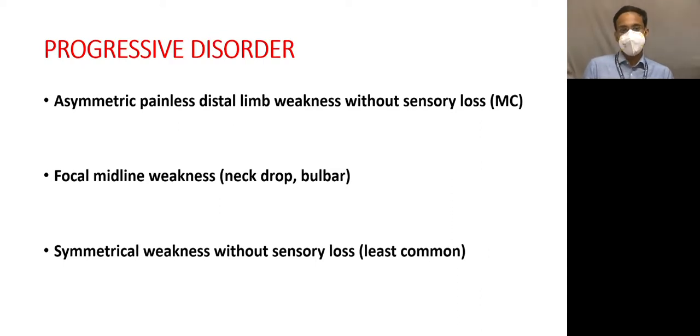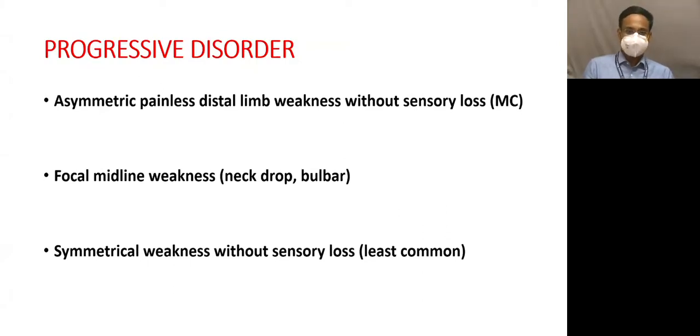The limb weakness could be in the hand or in the leg, and it is generally asymmetric, distal, and painless. These are important points which I'd like to highlight. And historically also, we never get any sensory loss.